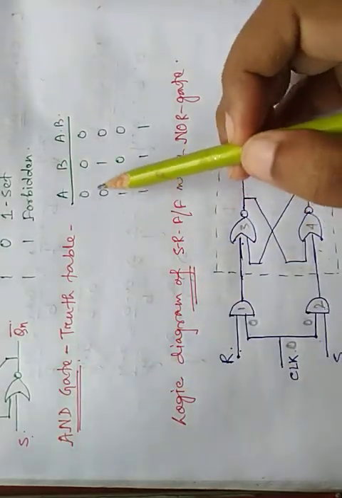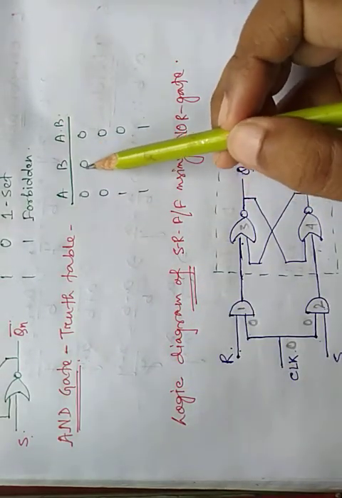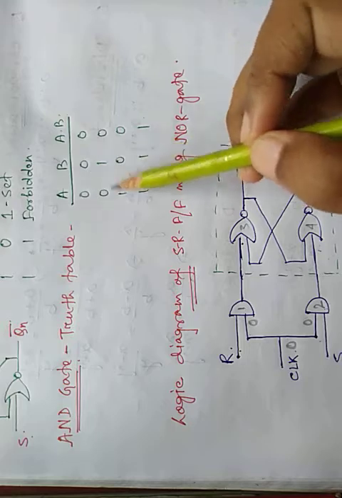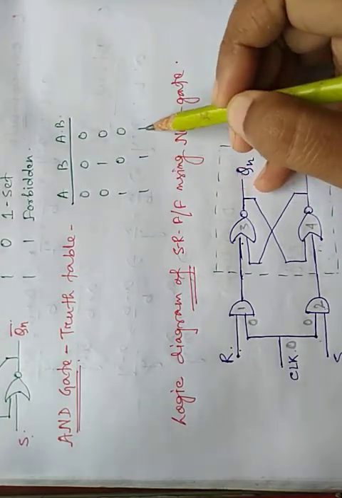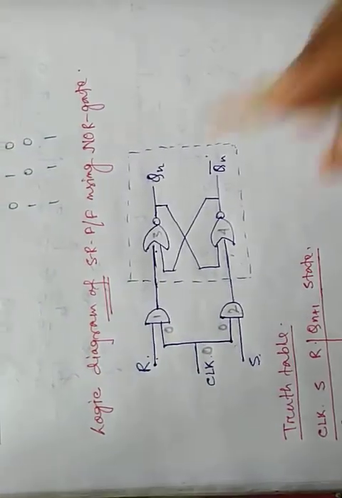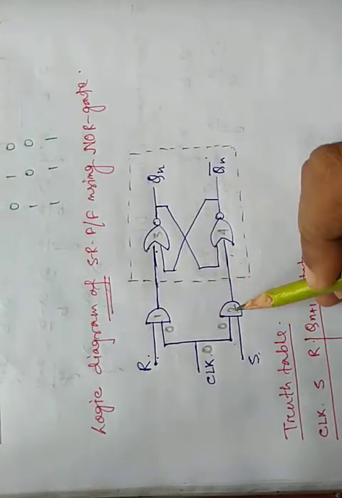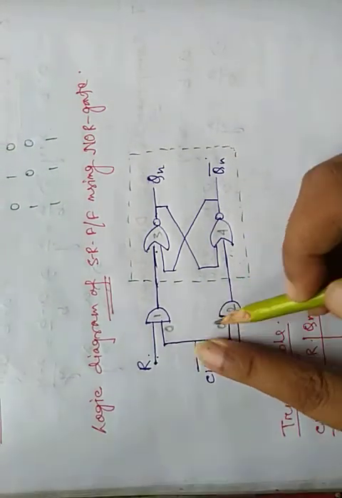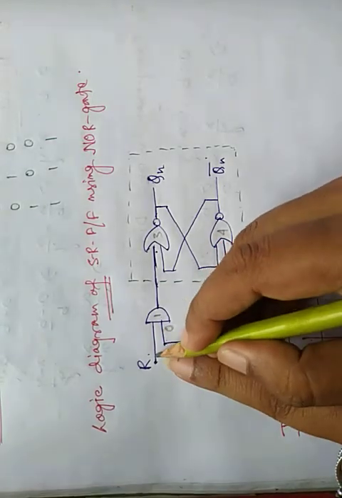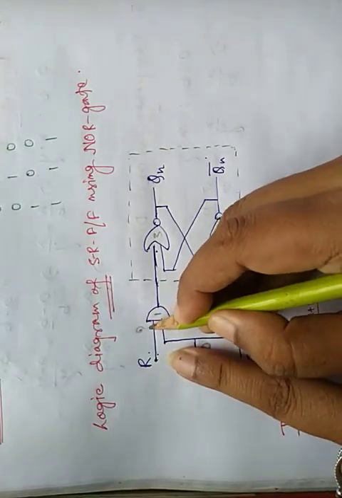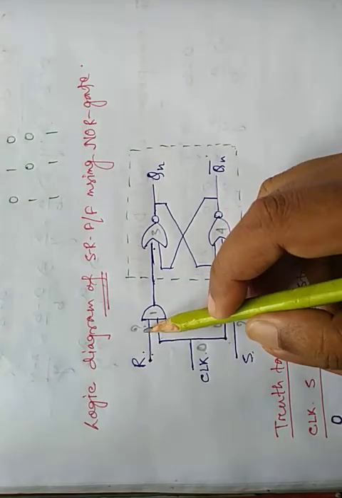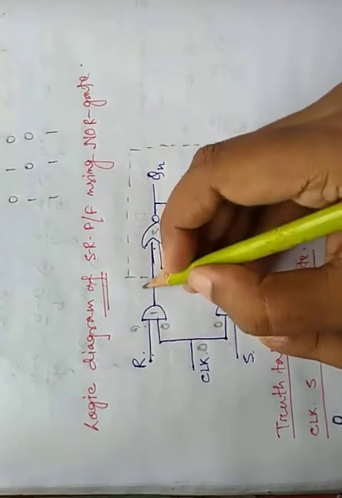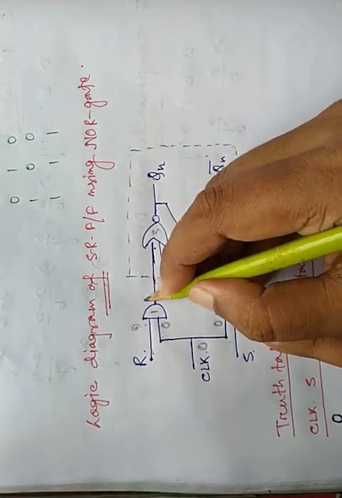and we already know, here I have drawn the truth table of AND gate. We know that in an AND gate, if one of the input signals is 0, output is 0. When both are 1, output is 1. So as gates 1 and 2 are AND gates and one of the inputs, the clock signal, is 0, whatever be the value of R and S, output will always be 0.